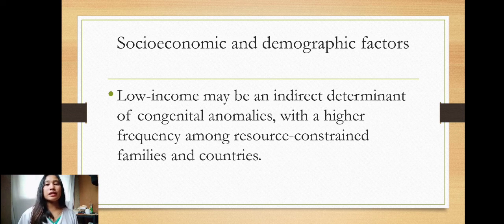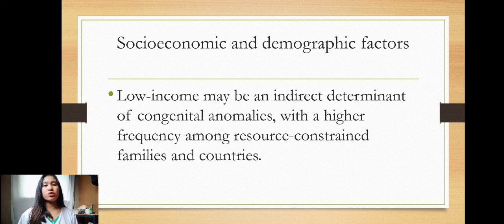An indirect determinant, this higher risk relates to a possible lack of access to sufficient nutritious foods by pregnant women, an increased exposure to agents or factors such as infection and alcohol, or poorer access to healthcare and screening. Factors often associated with lower income may induce or increase the incidence of abnormal prenatal development.